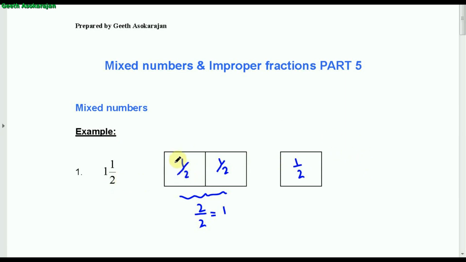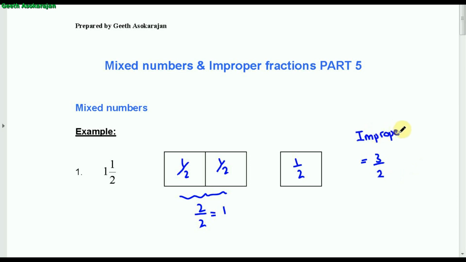So we've got 1/2, 2/2, 3/2. And 3/2 is our improper fraction, and the reason, remember, is because the numerator 3 is bigger than the denominator 2. Okay, so over here we have an improper fraction, so let me write that down.